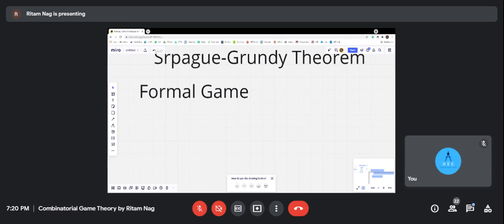For games you often define boards and pieces and all that, but it turns out what you really care about is the game tree, like after what move can you get, and so on.